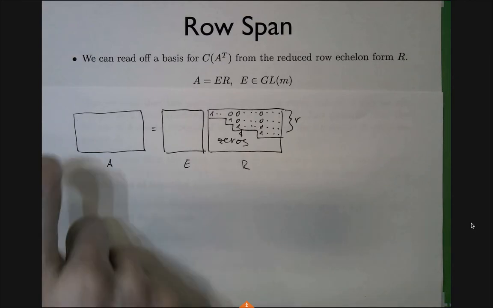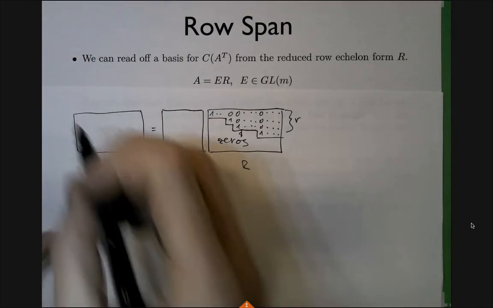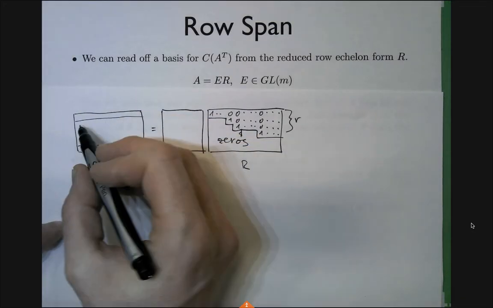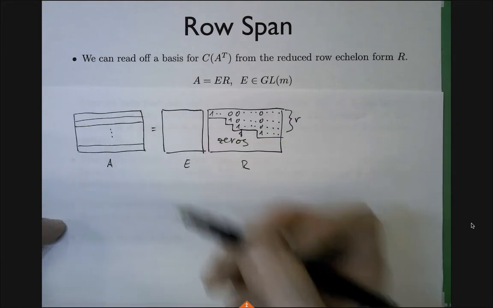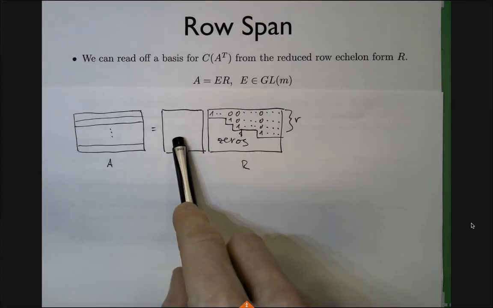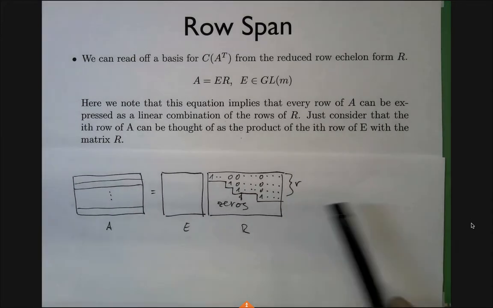Because what is the row span? It's the subspace formed by all linear combinations of the rows of A, right? If I take an arbitrary linear combination of the rows, I get a vector in the subspace, and I can get all vectors in the subspace by doing this, right? Oh, that's exactly what's written here.